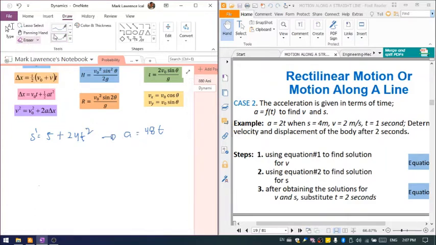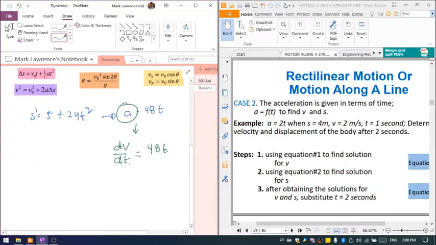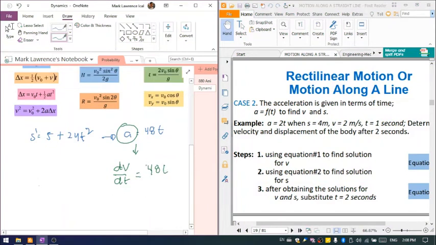So let's try doing this one. We already know that acceleration is the change in velocity per change in time. This is 48t. So first thing we need to do is to move dt to here. So dv is equal to 48t dt.